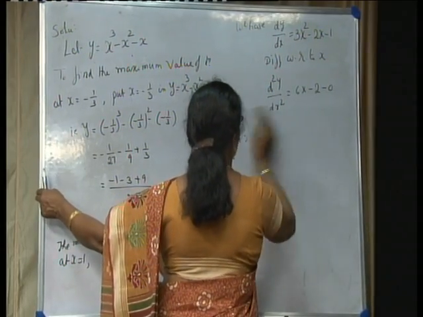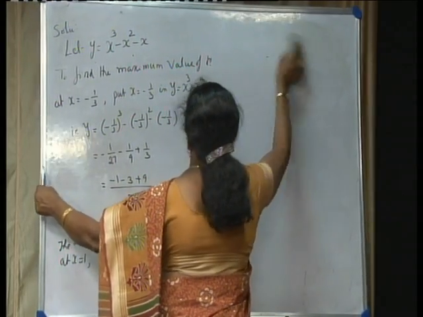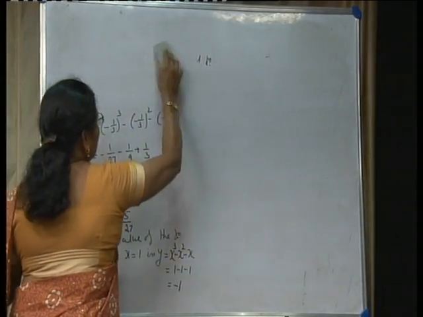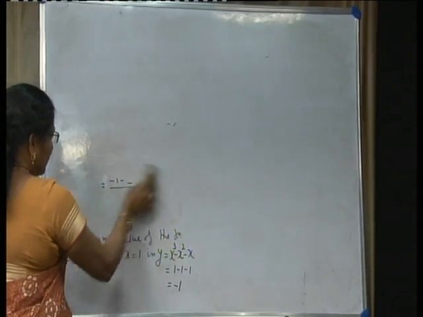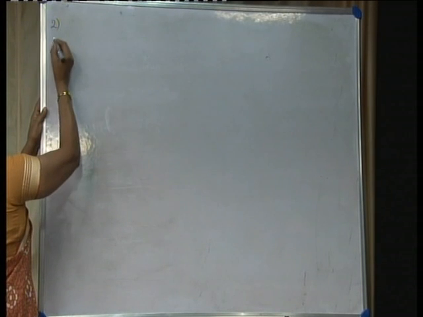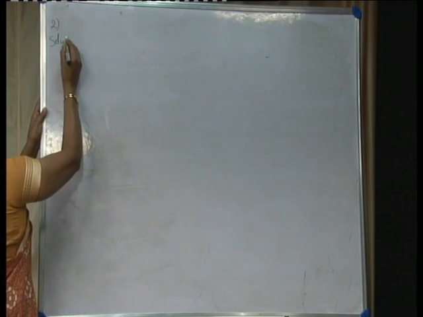Find the maximum and minimum values of the function 2x cube minus 3x squared minus 36x plus 10. Second one, solution.